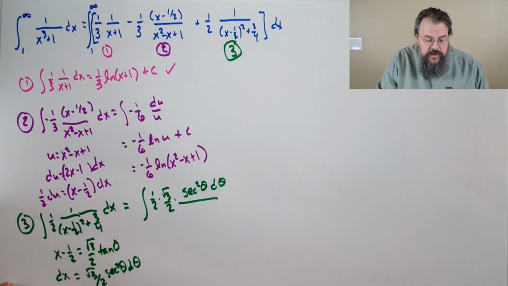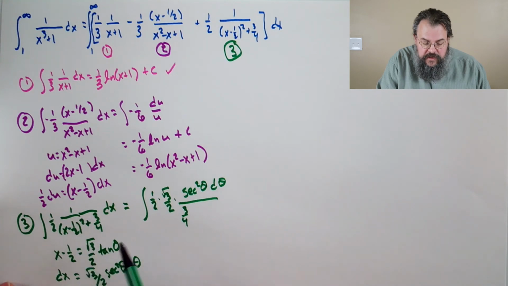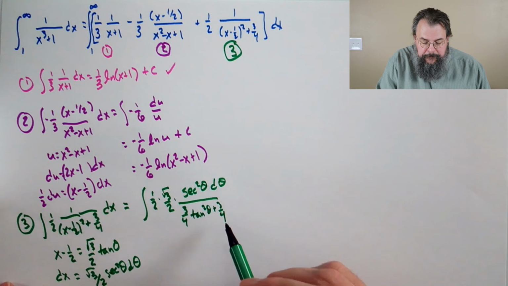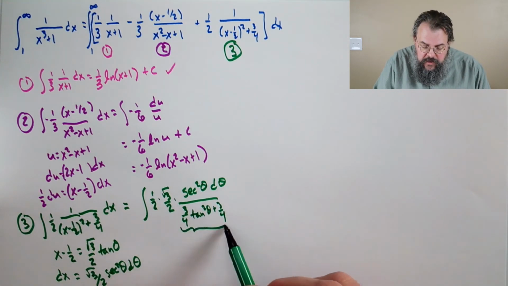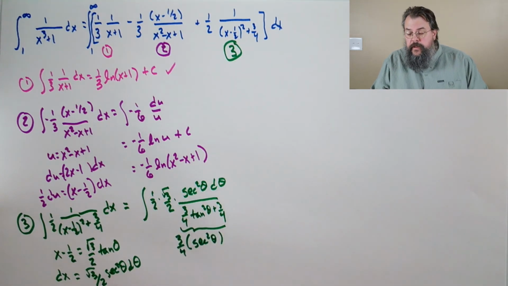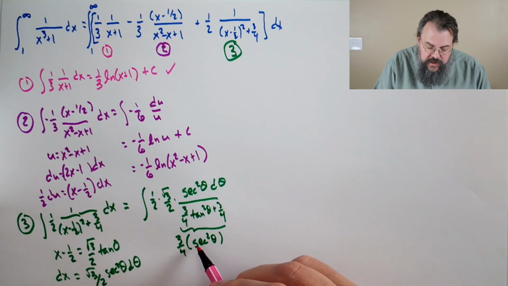Downstairs, we have 3/4 times tangent squared theta plus 3/4. The point here is that this is really 3/4 times secant squared theta. So the secant squareds cancel.